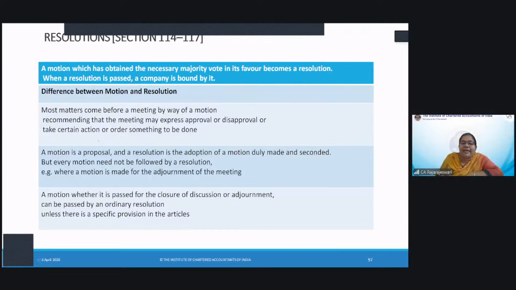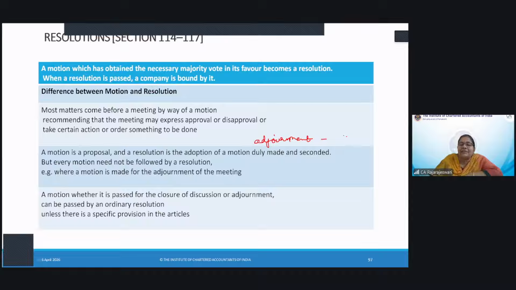Then it may result in a resolution, it may not result in a resolution. Suppose you have made a motion for adjournment of a meeting. The company will not pass any resolution. So there it is only a proposal. It will not be followed by a resolution.